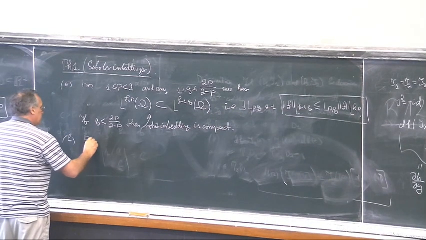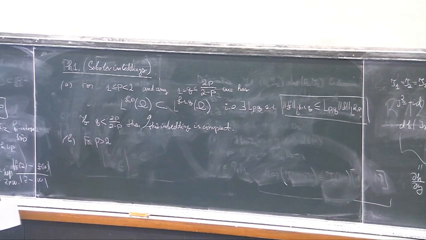Part B: for p bigger than 2, one has better.